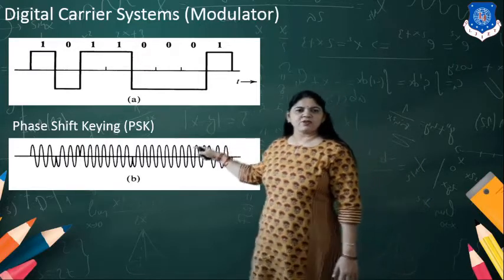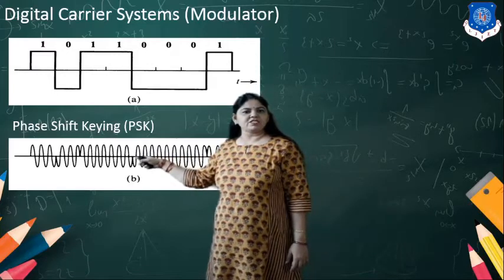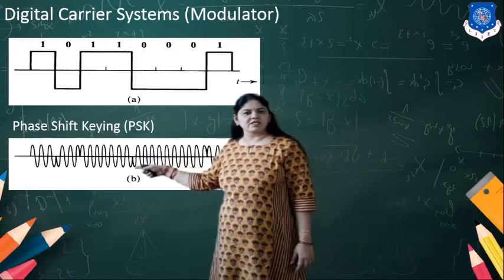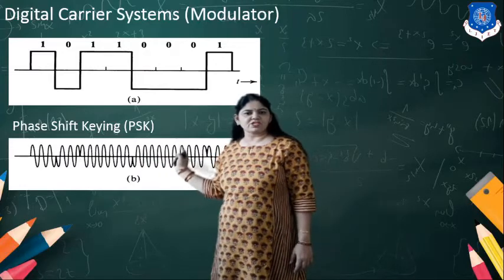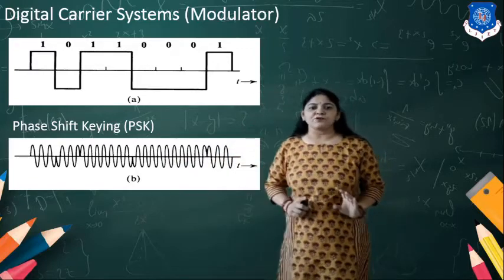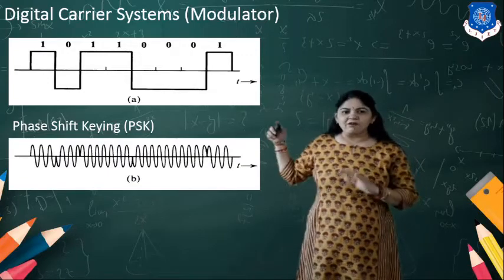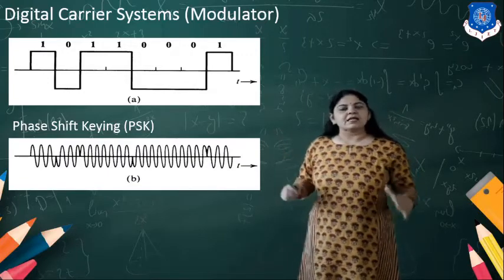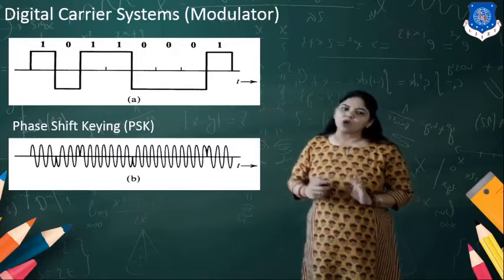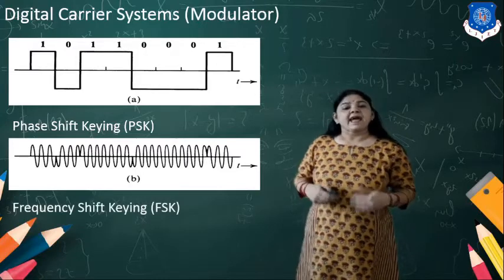When my 1 data finishes and the next 0 comes, again there is a phase shift, while the data changes from 1 to 0 or 0 to 1. We have selected that 1 means 0 degree and 0 means 180 degree. So it is about the PSK.